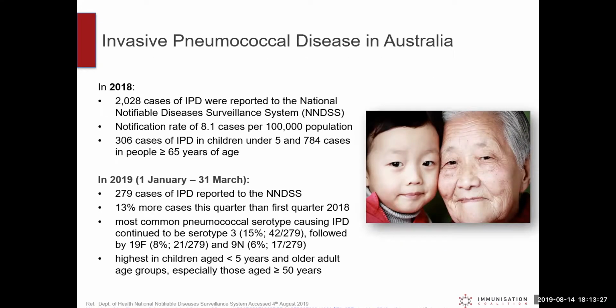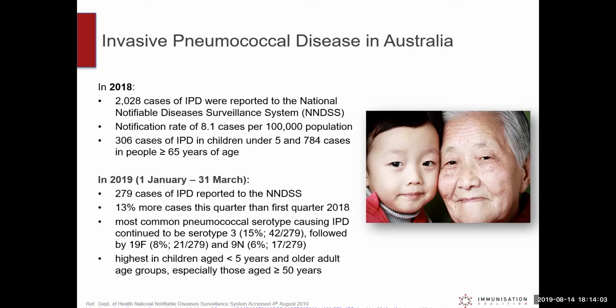In regards to burden of disease in Australia, these are the latest figures that we could get, and this is from about 10 days ago now. So if we look at 2018 data, just over 2,000 cases were reported to the National Notifiable Diseases Surveillance System. A lot of those cases were obviously in children under 5 and in individuals over 65 years of age, and that tends to be a typical trend for pneumococcal disease.